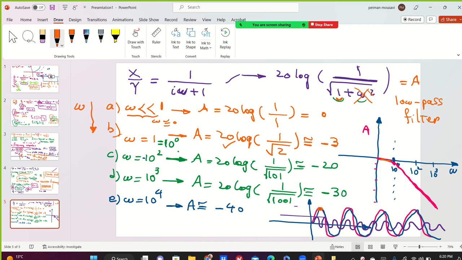So the amplitude of the output and the input are the same. But when you pass some threshold, it is decreasing. So the name is low pass filter. Only low frequency is being passed, while it filters the higher frequencies. See what I'm saying? Yes?